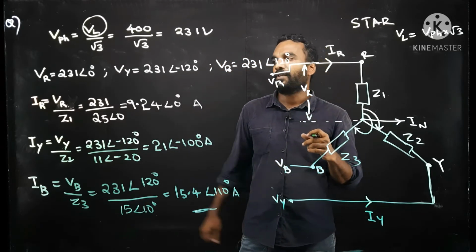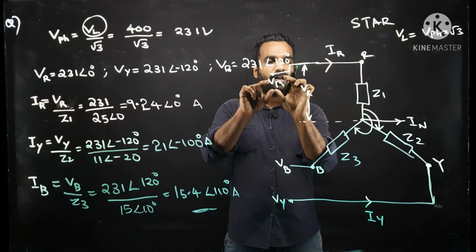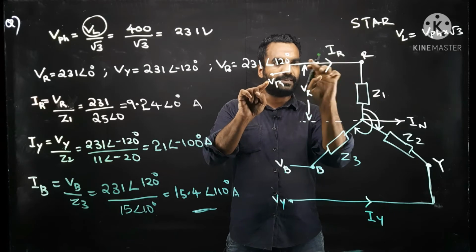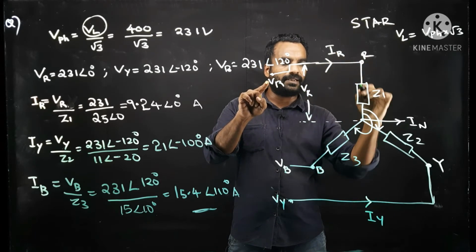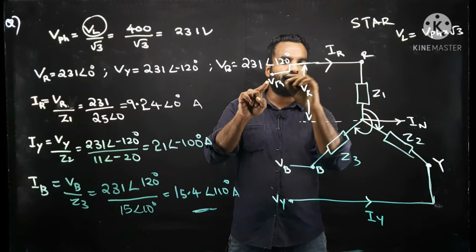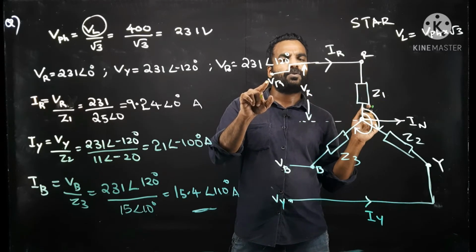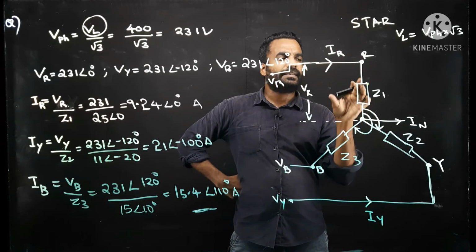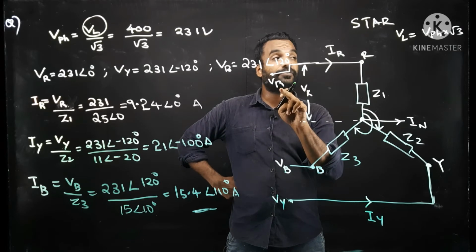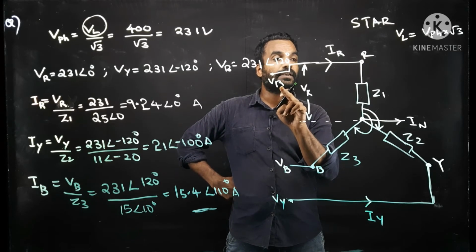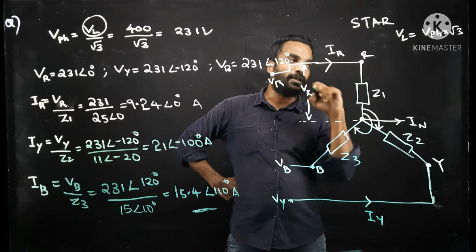Because for calculating current, this is the R phase voltage, and this is the current going to the R phase. So, this is the R phase impedance Z1 that is connected between the R phase and neutral. For finding this current, you specifically need the phase voltage, because this current depends on the voltage between this point and this neutral.